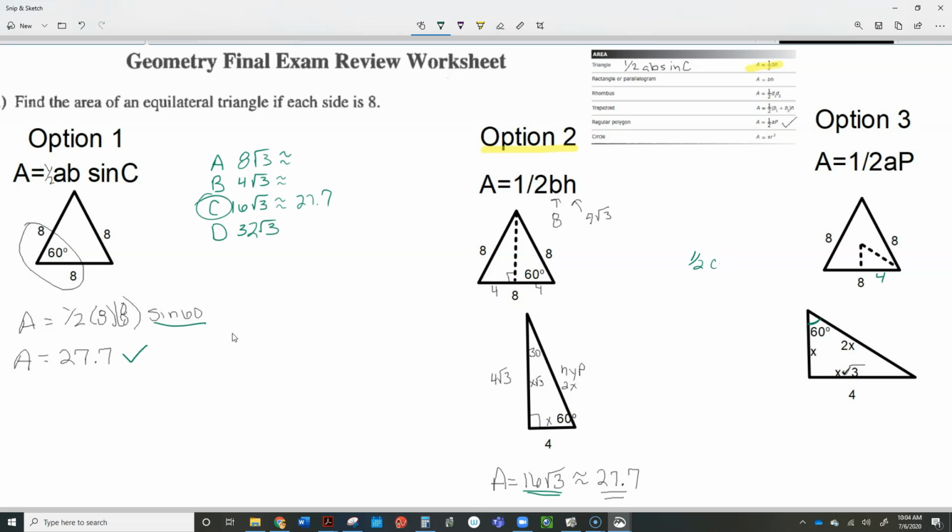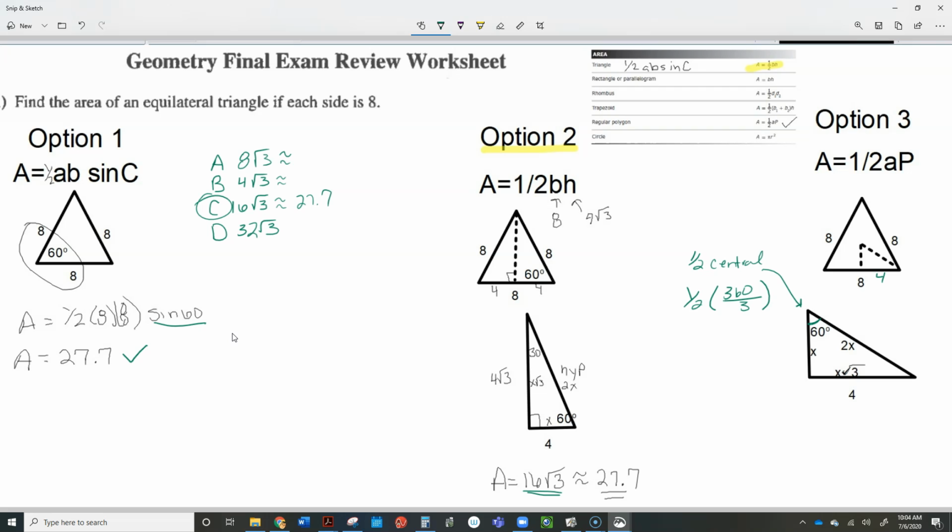So remember, half the central angle is this angle measure right here. Half the central angle is 360, because that's the total number of degrees in a circle, divided by 3. That's 120. And then half of 120 is 60.